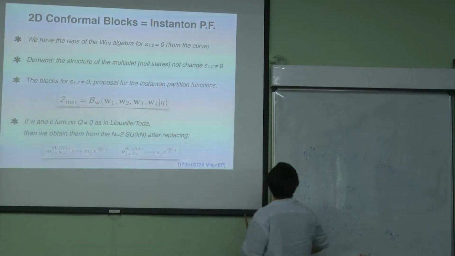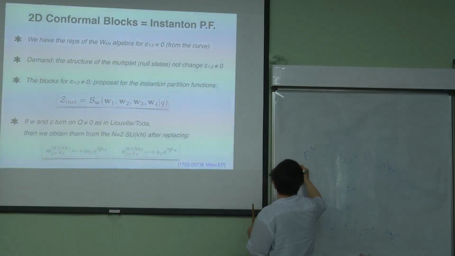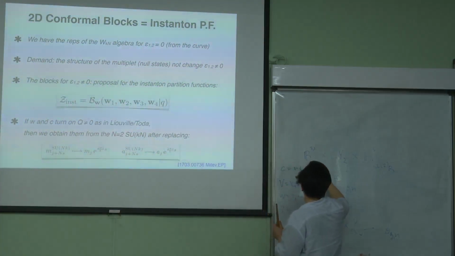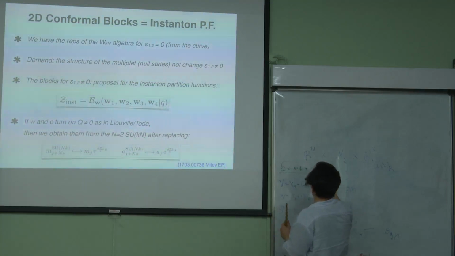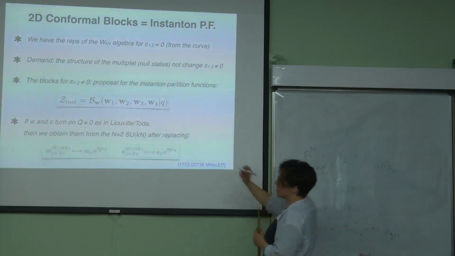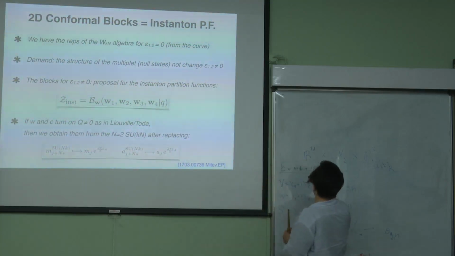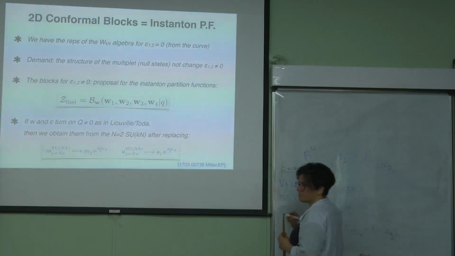So for example, when I write c, let's say it will be anyway rank plus this Q squared. So that's how I turn on my epsilons. And the same thing, this is the Weyl vector. This is rho.